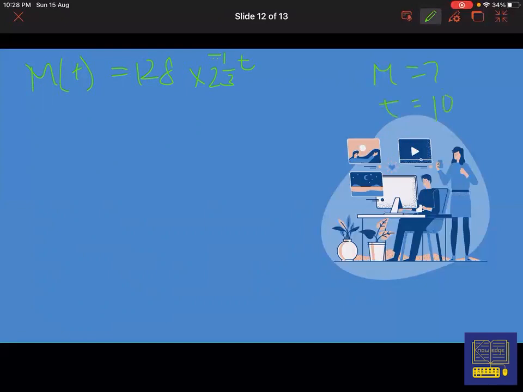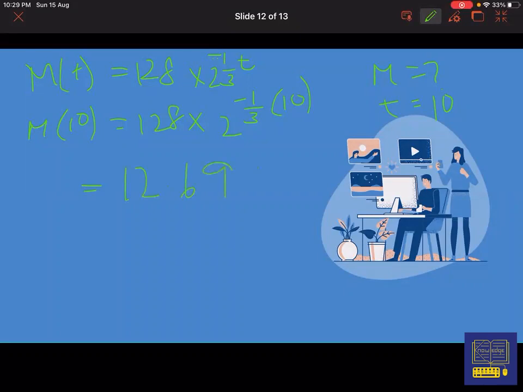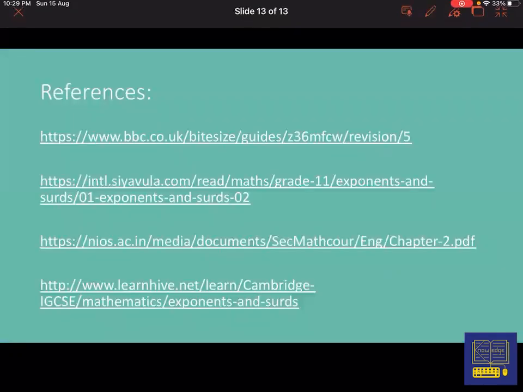So if we just substitute it, then we're going to get m equal to 12.699. And if we take it to three significant figures, that is approximately equal to 12.7 kg of mineral that is left after 10 hours.